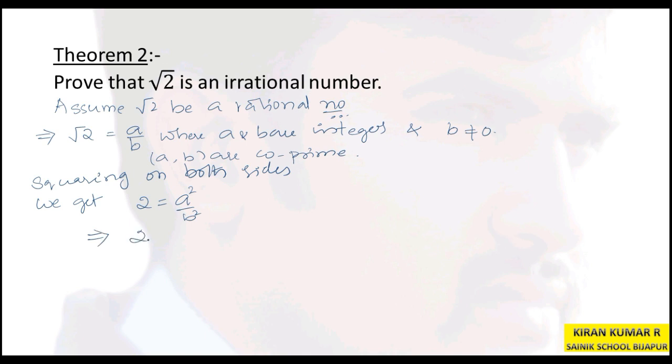This implies 2 times b square is a square. So 2 divides a square. This implies 2 divides a. By the previous theorem, we have seen if p divides a square, then p divides a.